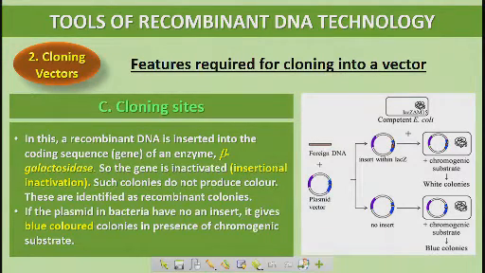So the gene is inactivated. This inactivation is also called insertional inactivation. Such colonies do not produce color. These are identified as recombinant colonies. If the plasmid in bacteria has no insert, it gives blue-colored colonies in the presence of chromogenic substrate.